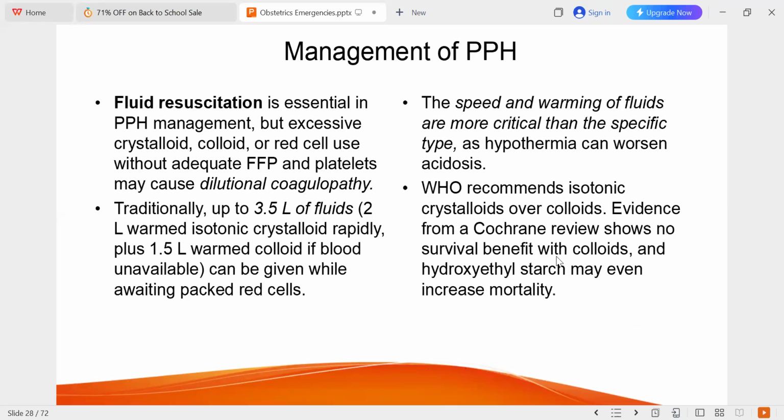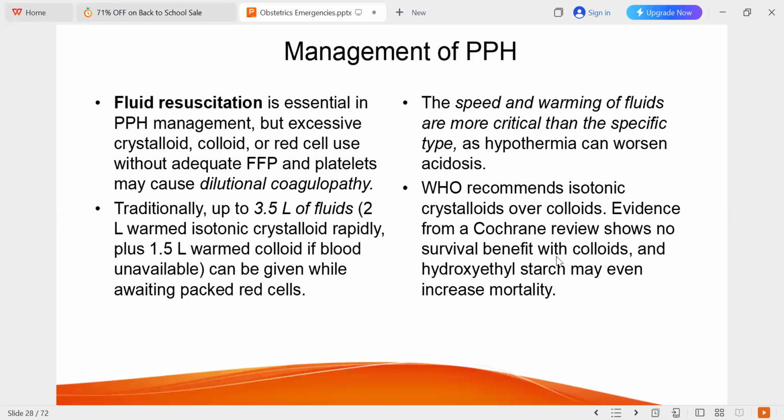Fluid resuscitation is essential, but you have to be careful because excessive crystalloid above 3.5 liters without adequate FFP and platelets will induce dilutional coagulopathy, worsening the bleeding. I mentioned about 3.5 liters may be given, but the speed and the warming of fluids are more critical than the type of fluid you give, because apart from hypothermia inducing coagulopathy, it can also worsen metabolic acidosis in this patient.